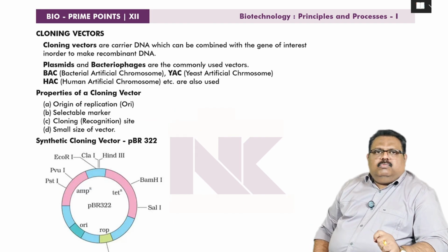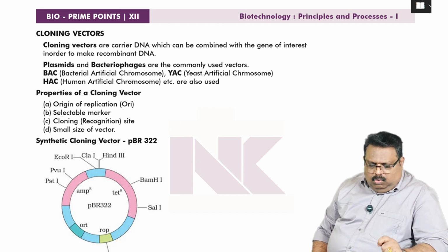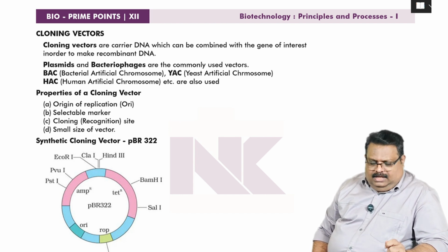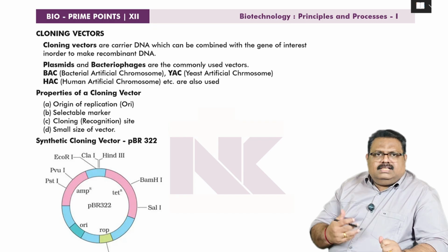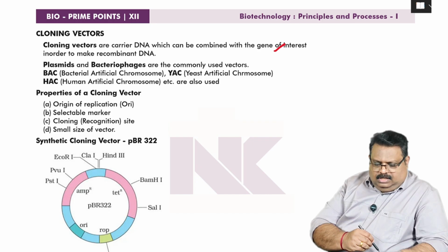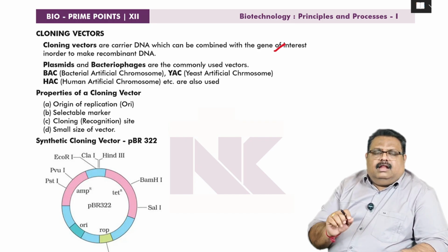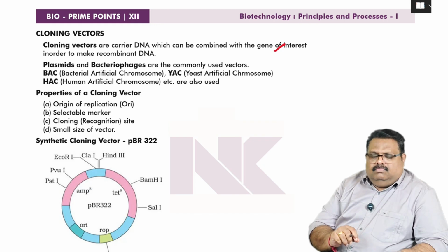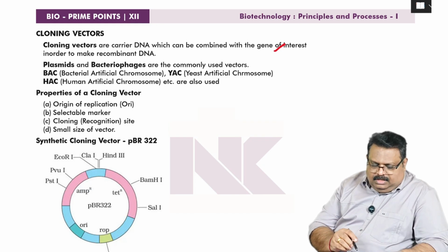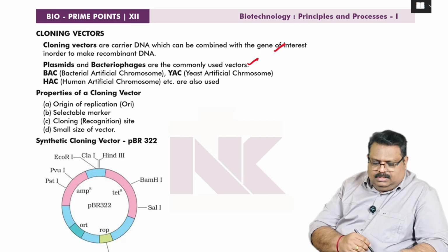Okay. Now we are moving on to the next prime point, the cloning vectors. Cloning vectors are the carrier DNA. Vector means carrier. They are the carrier DNA which can be combined with the gene of interest in order to make the recombinant DNA. The desired DNA can be connected with the vector DNA forming recombinant DNA. The plasmids and bacteriophages are commonly used vectors.